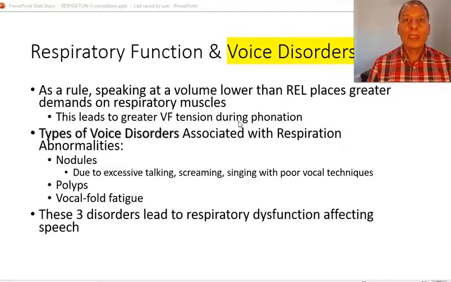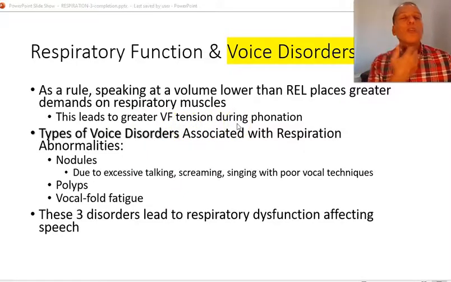That will result in more effort, and it will make the process tiresome, and will put a strain on the muscles. So eventually that is going to cause greater vocal fold tension. And when you do that, there will be a lot of tension in muscles that should not be interfering much. And when that continues, of course, that will cause one problem after another.